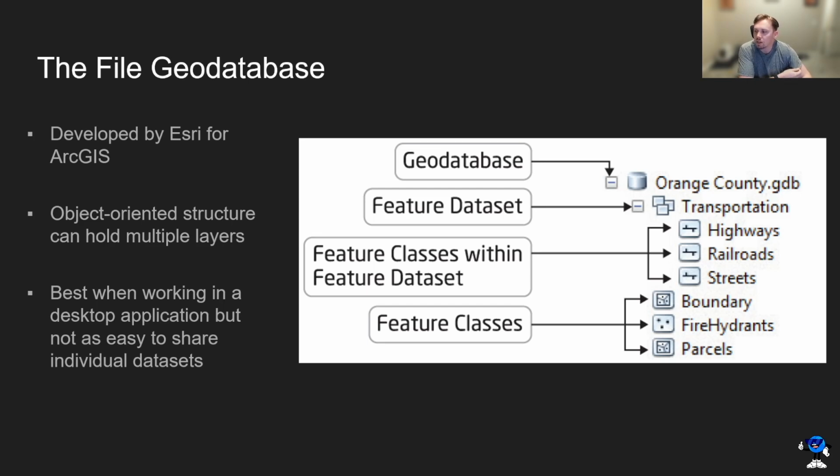For instance, in the Orange County geodatabase, if you have multiple feature classes, each highlighting different road types and planning features, you could have a feature dataset called transportation to group all the transportation related feature classes together under one heading.